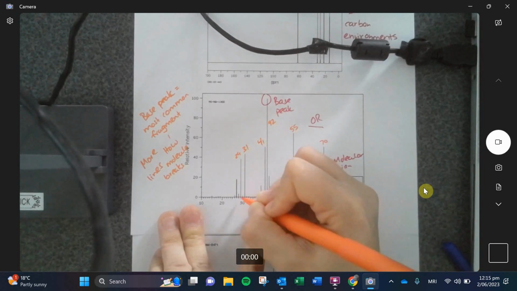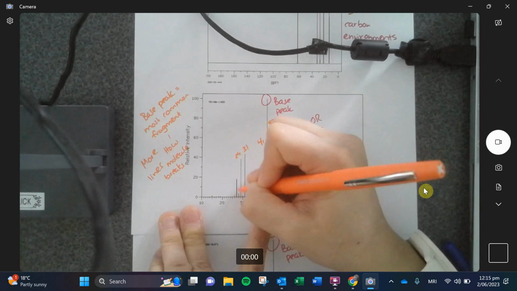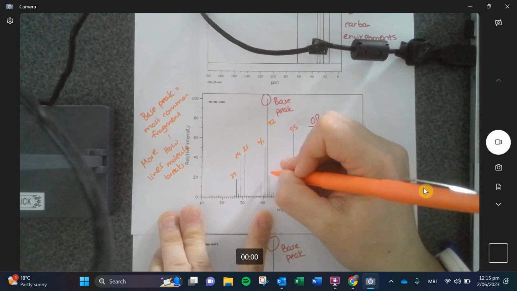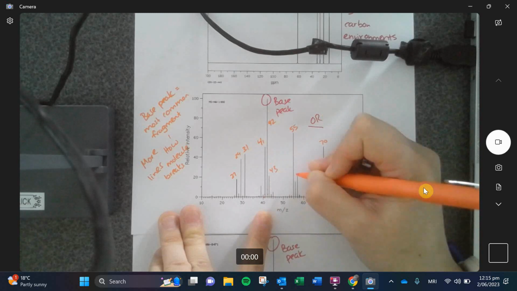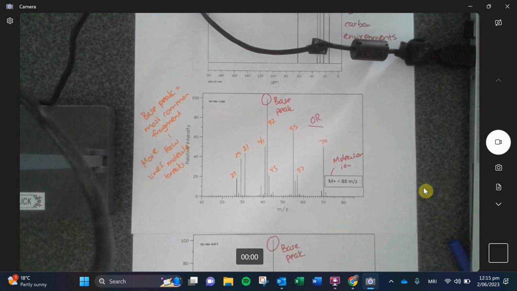There's a lot of options for me. 27 is an option, maybe. 43 is an option. 57 is an option. So I'm just putting some numbers down, because when I break up my molecule, I want to see if there are any trends and patterns.